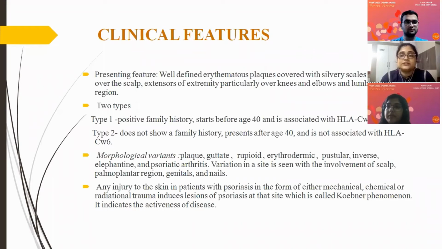Pustular psoriasis, inverse, that is flexural: psoriasis usually involves the extensor surface, and when it involves a flexure surface, it is called inverse psoriasis. Elephantine psoriasis, psoriatic arthritis. The variation in site is seen with involvement of scalp, palmoplantar region, genitals, and nails.